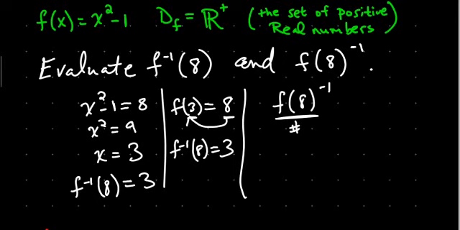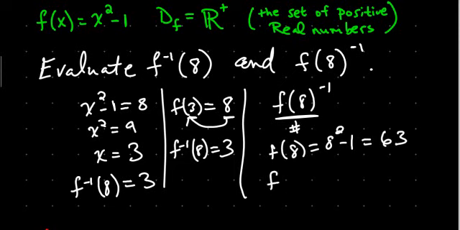So how we do this is you just find f of 8. f of 8 equals 8 squared plus 1, which is 64 plus 1, which is 65. So the inverse of 65 is 1 over 65. So f of 8 inverse equals 1/65.